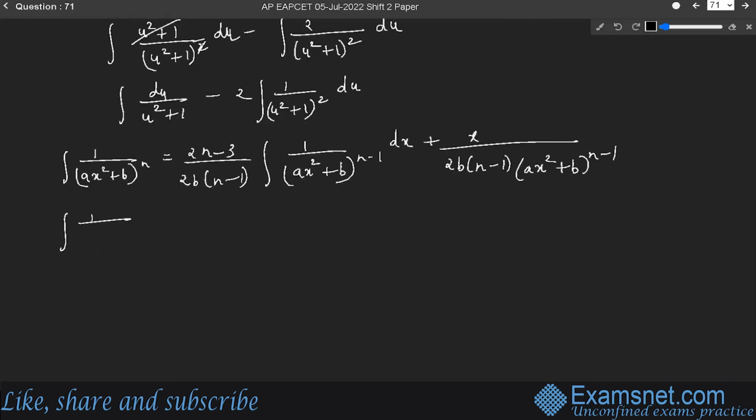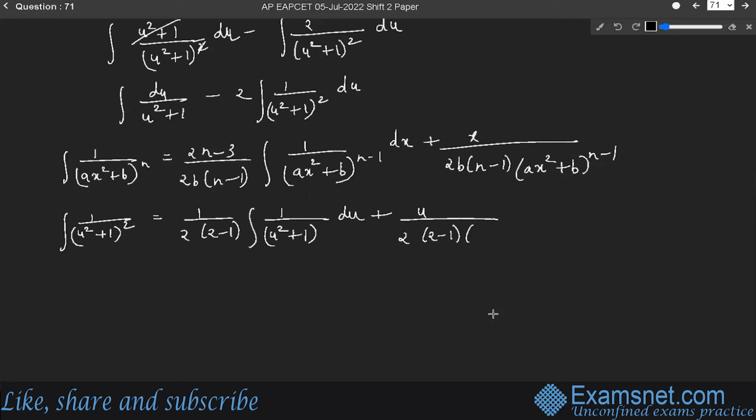integral of 1 upon (u square plus 1) whole square is equal to 1 upon 2 into (2 minus 1) integral of 1 upon u square plus 1 into du plus u upon 2 into (2 minus 1) into (u square plus 1), which will be equal to 1 by 2 into tan inverse u plus u upon 2 into (u square plus 1).